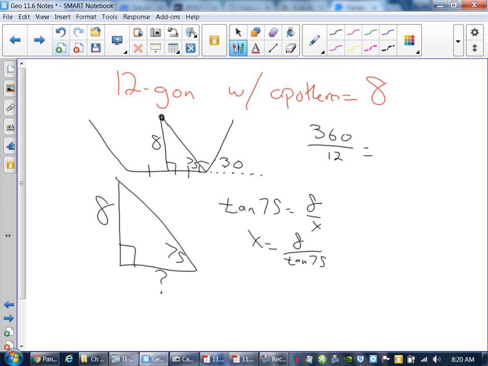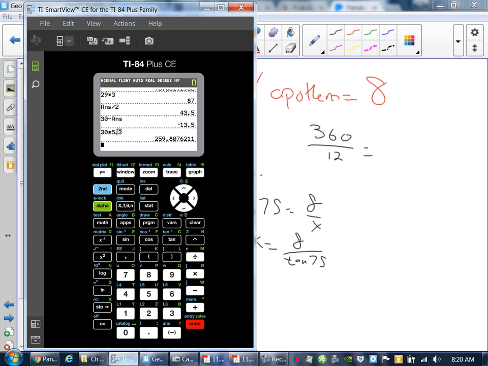That gives me my side length there. So I got negative 8 square root of 3 plus 16.